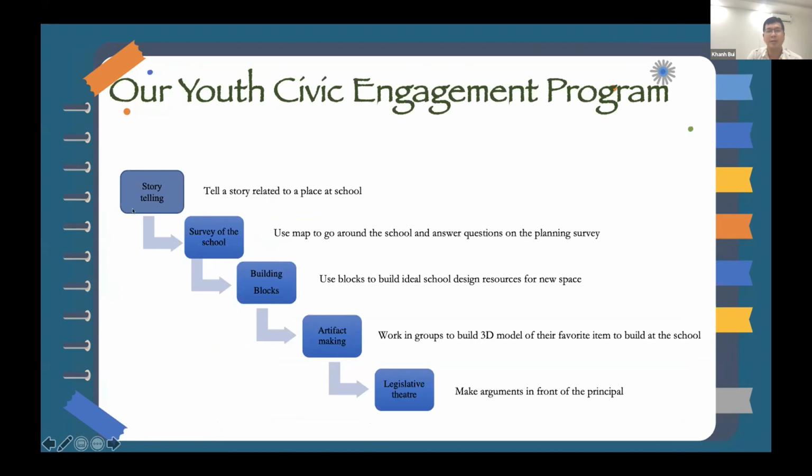You can see they go from storytelling, to surveying the school, to building blocks, then artifact making, and finally they perform. So this is a mode continuum. The students go from something very general to something more specific to form their argument.